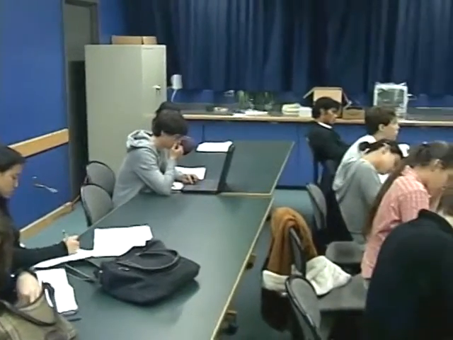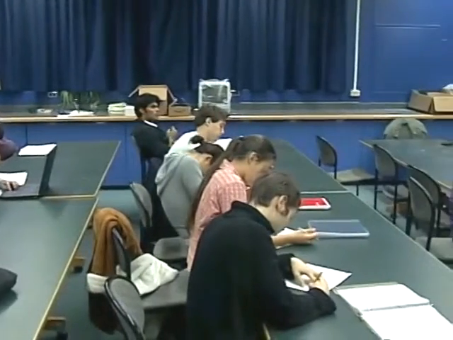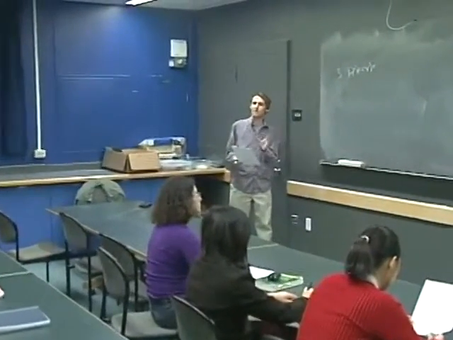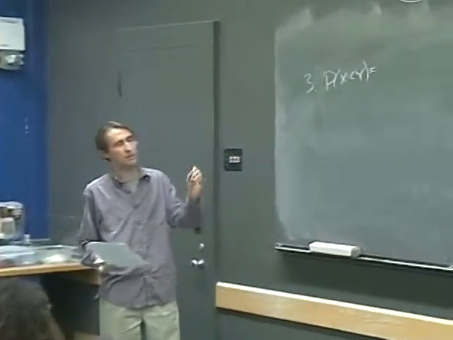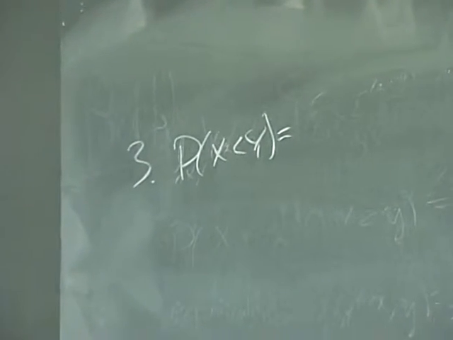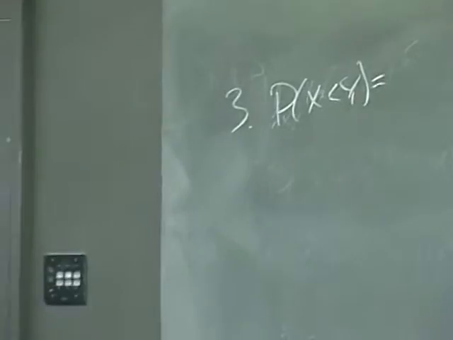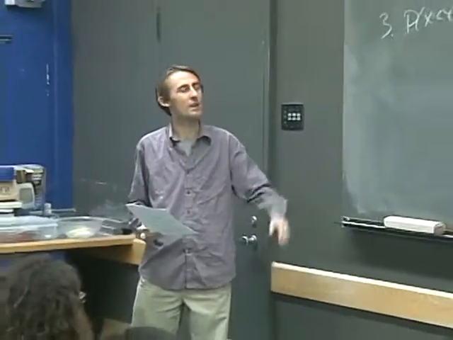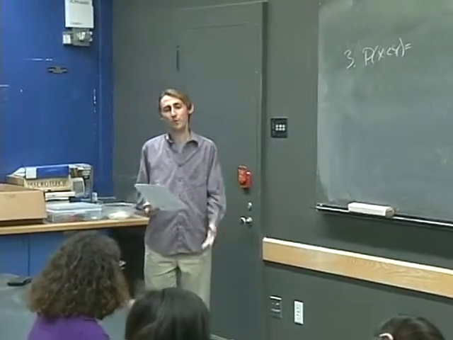Probability that x is less than y. What's our strategy here? This may strike you as kind of odd at first, but if you think of x and y as being two components of the same draw, we're interested in the probability that once we've done this one bivariate draw, the first element is less than the second. So that may be a little nebulous right now, but maybe it'll be a little clearer if we write it out in integration form. So we want to do an integral.